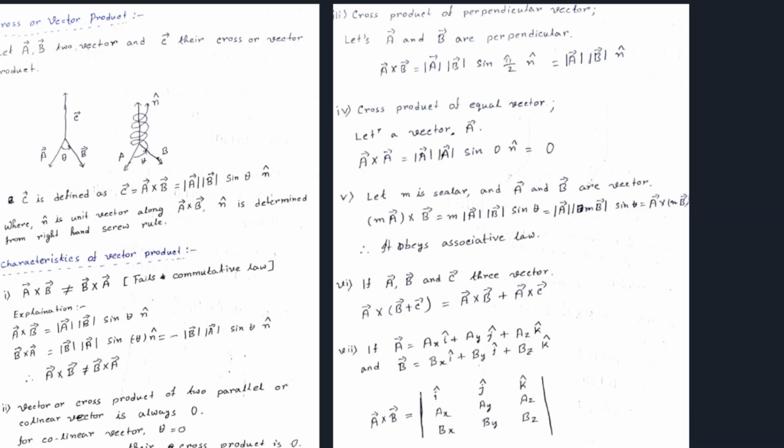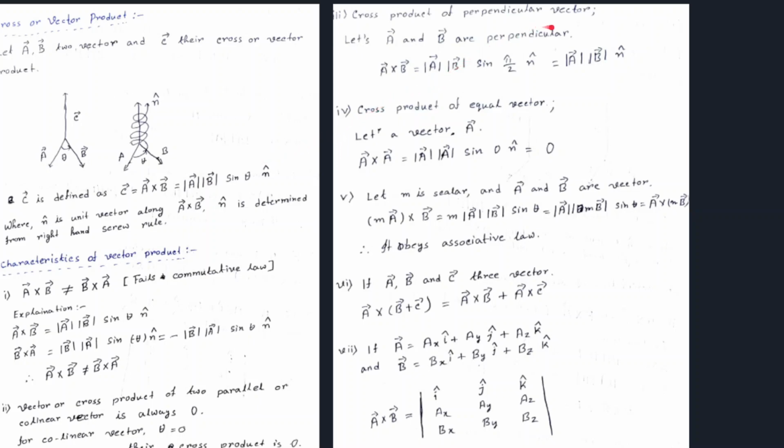In the previous part we learned that to find whether vectors are orthogonal, we just have to check whether their dot product is 0 or not. And to find whether vectors are collinear or parallel, we just have to find their cross product and check whether it is 0 or not. If it is 0, then they are parallel or collinear vectors, but if it is not, then they are not parallel or collinear.